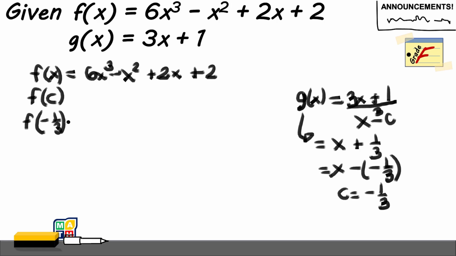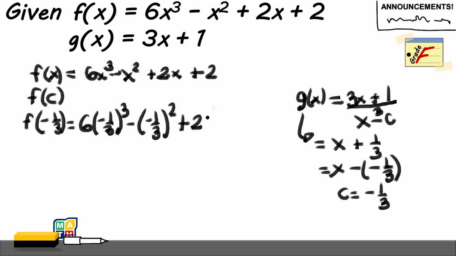By substituting, meaning we are to substitute this to all the x variables in our dividend. So we have here negative 1/3, but you need to cube that, minus negative 1/3 squared, plus 2 times negative 1/3, and finally you have your constant plus 2.